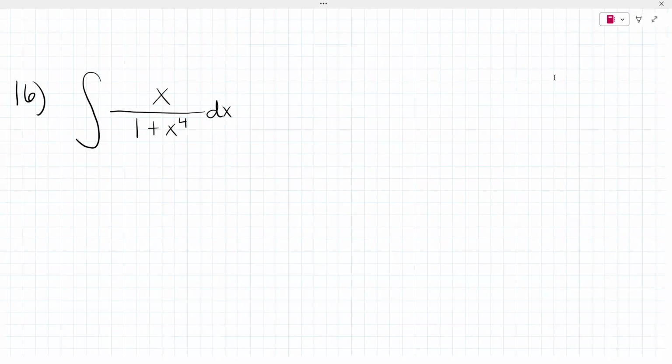It's either going to be x or 1 plus x to the fourth, and that will not work. So let's break this down and rewrite this problem, and then we'll use what we know. So x over 1 plus x to the fourth can be expressed as x times 1 over 1 plus x to the fourth dx.